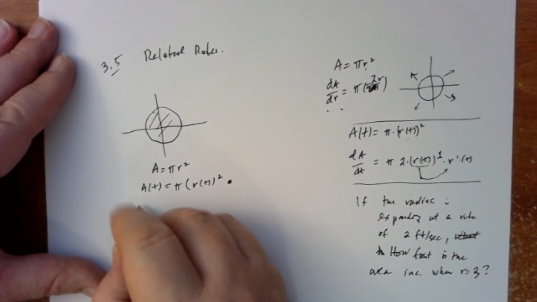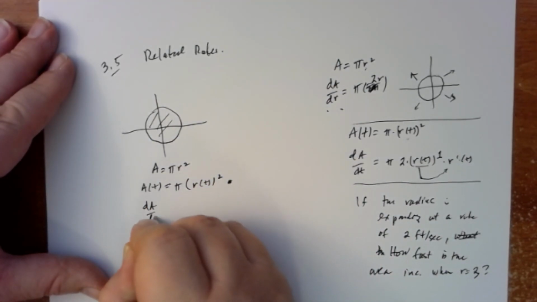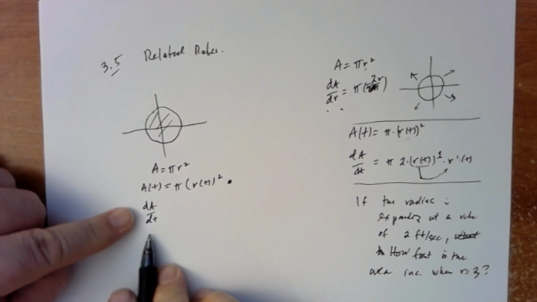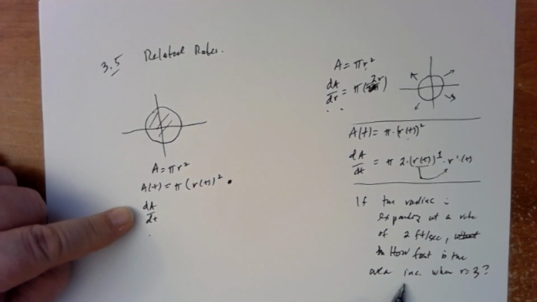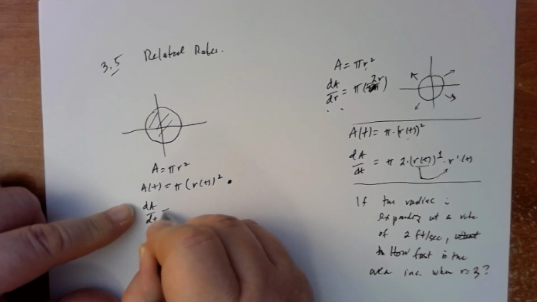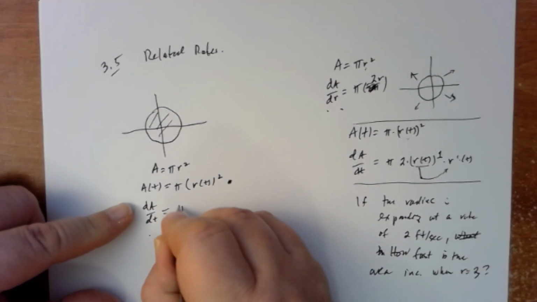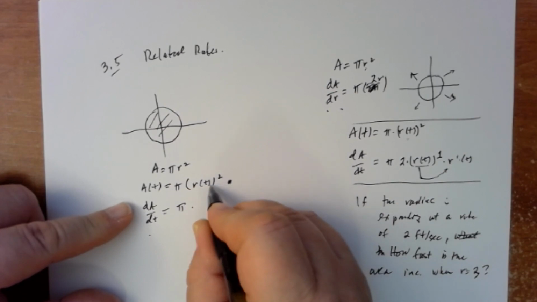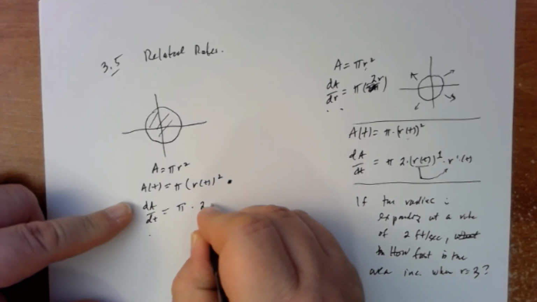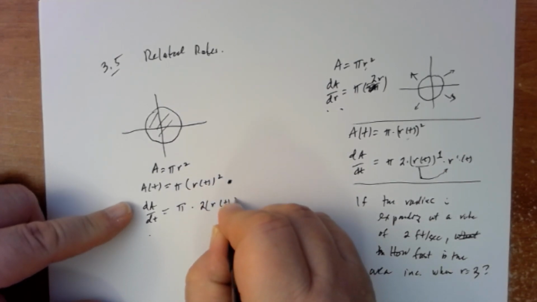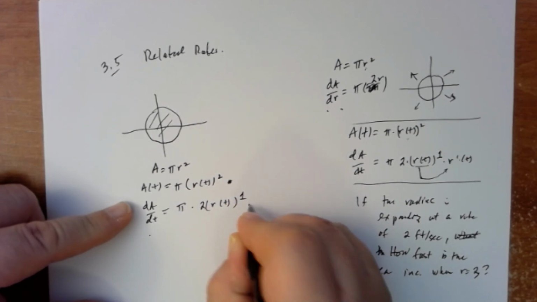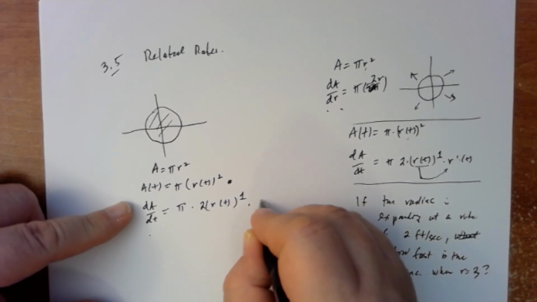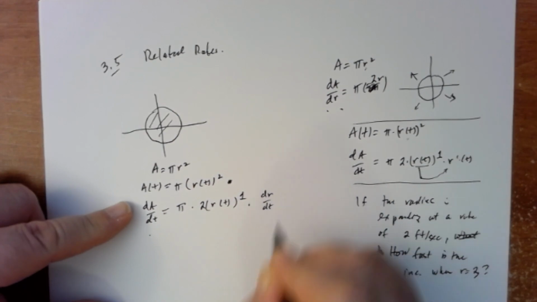And so when I differentiate, this is how fast the area is increasing or decreasing, dA over dt. And so if I differentiate this side, that would just be pi times the derivative of r squared, which would be 2 times r of t to the 1 power. And then you have to multiply by the derivative of the inside function, dr over dt.